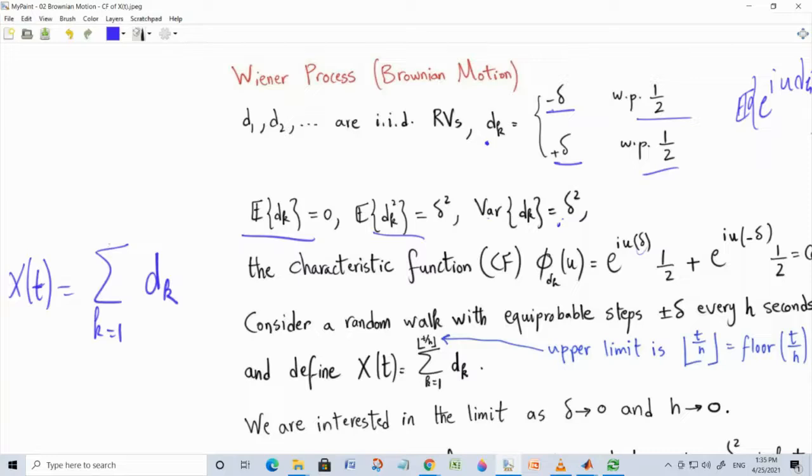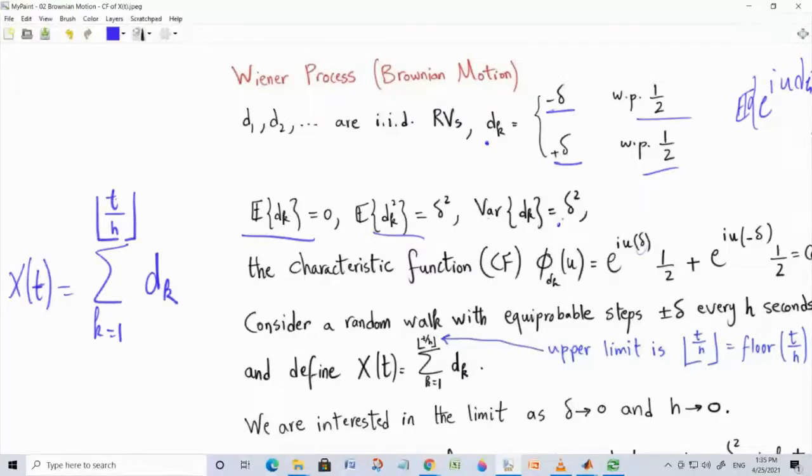And so how can we do this? Basically, you take t, and if you want to know how many terms to sum, you take t divided by the time step h, and then you take the floor. This means that x of t will be the same for certain values of t.